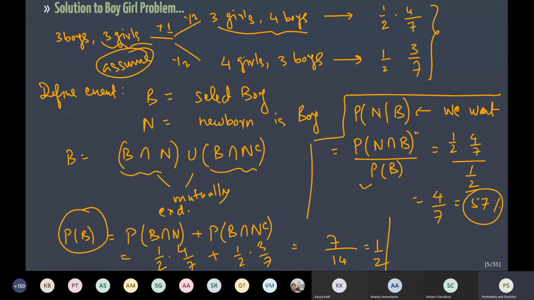Okay, let us try to do the general case. So in the general case, what do we have? We had, let us say, 3 boys and G girls. So now we solve the general case. Assume G girls.